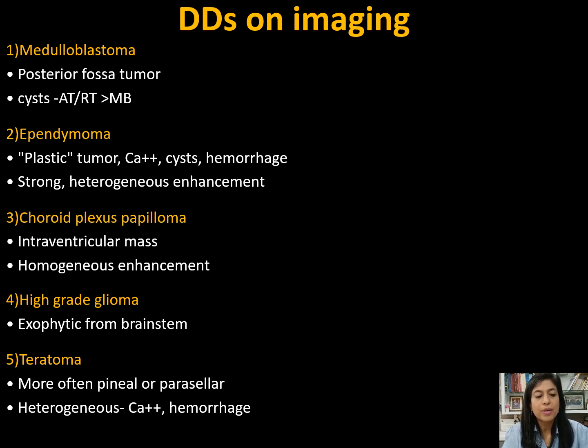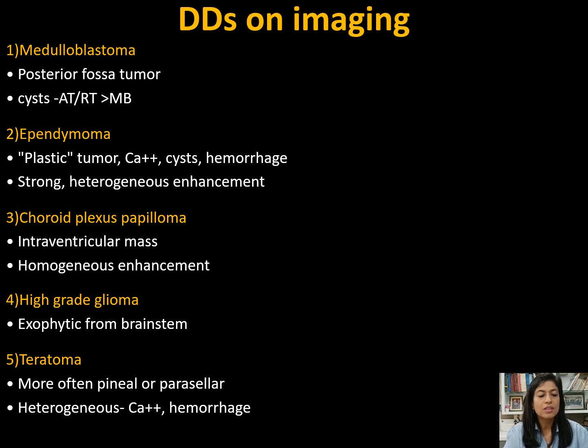Second differential is the ependymoma. It's a plastic tumor which extends out of the fourth ventricular foramina. Calcification is present, cysts and hemorrhages are common, and it shows strong heterogeneous enhancement. The third differential is the choroid plexus papilloma. Now, this is an intraventricular mass with homogeneous enhancement.